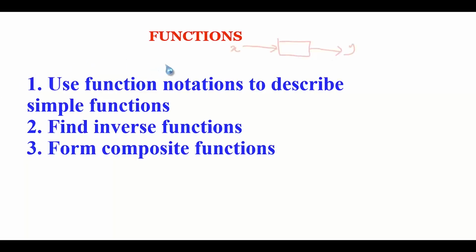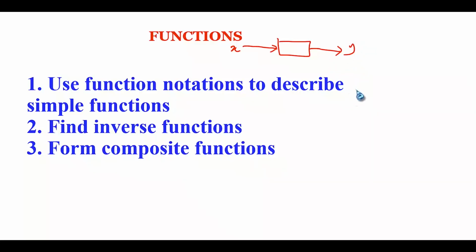What is a function? When you insert a value into the device or the machine and the machine produces one value, then you have a function. So in summary, one input cannot give different outputs.